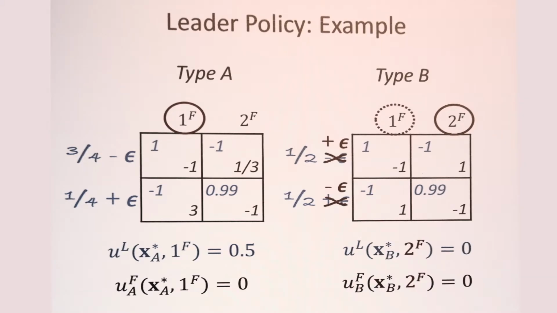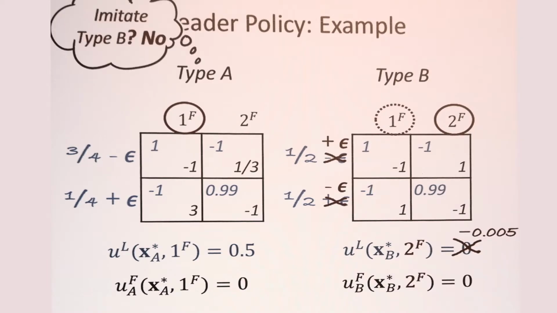This small change will, of course, bring a very tiny sacrifice in the leader's utility, which is 0.005. But the good thing is that this new policy is able to erase a type A follower's incentive to imitate a type B follower.